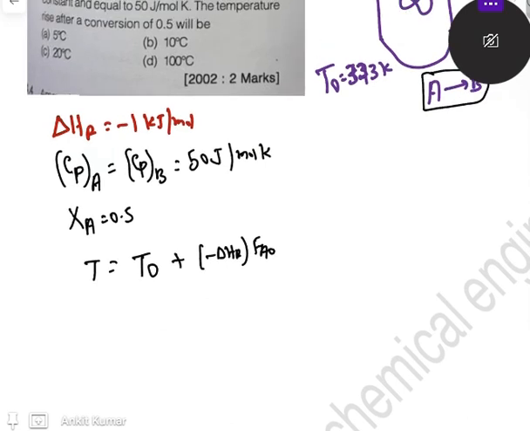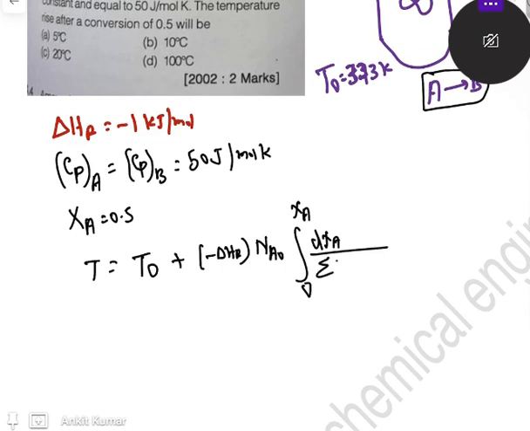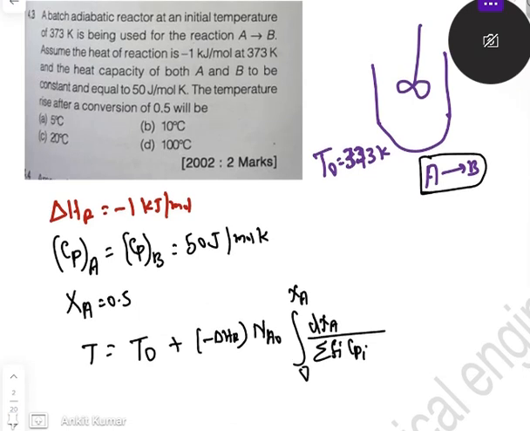But here this flow reactor is not there, so in place of FA naught you can write N naught, integral 0 to Xa dXa upon summation of Fi Cpi. Since the reaction is happening, like A is getting converted into B, in place of Fi here you can write Ni Cpi similarly.